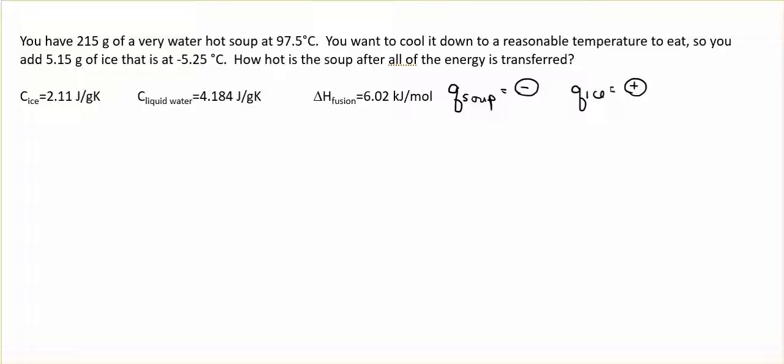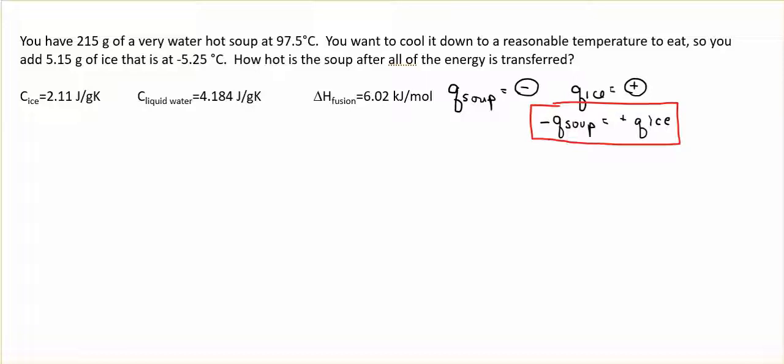All of the energy that the soup loses is equal but opposite in magnitude to the energy that the ice is gaining. So the negative Q of the soup equals the positive Q of the ice. We're going to need this equation again. I promise that I'm probably going to run out of room though, so let's just try to keep this in mind. All of the energy that the soup is losing is going into melting the ice.